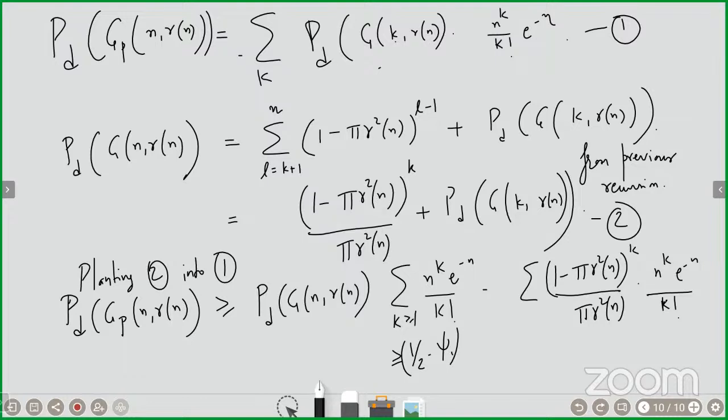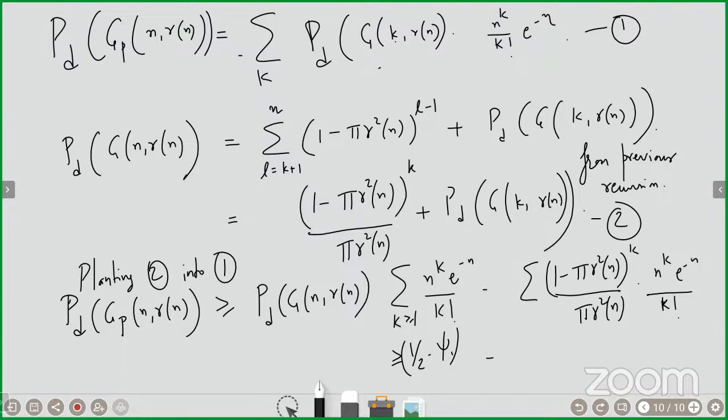How much is this? This is independent of k, so this remains as it is. How much is this? Essentially n to the power k, e to the minus n, divided by k factorial. How much can you say?